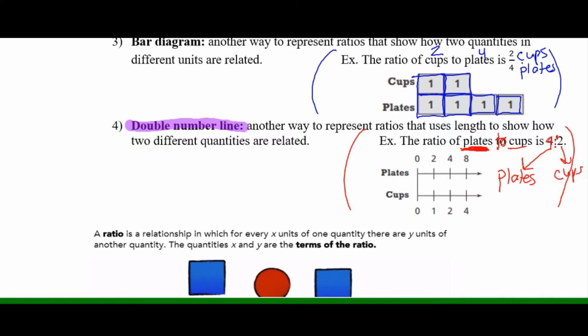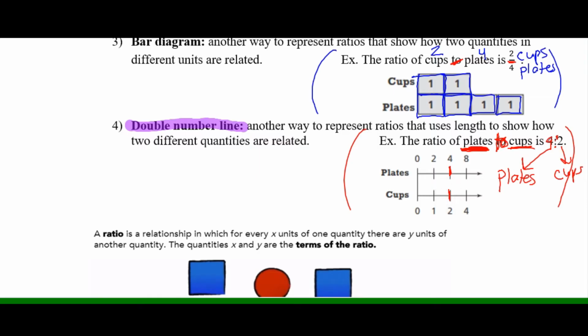So order is important when you're talking about a fraction. It's the numerator, denominator. This is like the fraction line. And then down here is the first term in front of the colon, that's the colon, the second number. So we're going to look at different ways to write ratios. We have 4 plates to 2 cups.